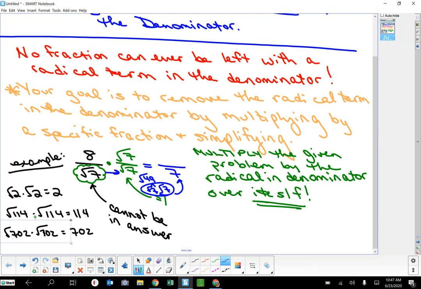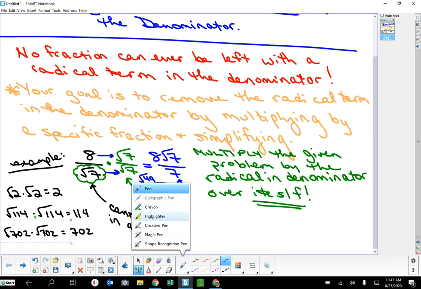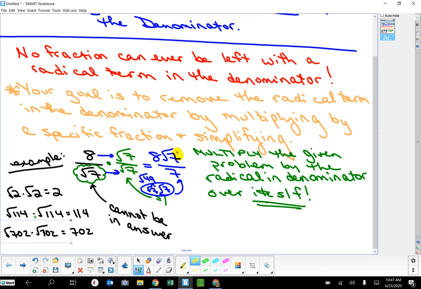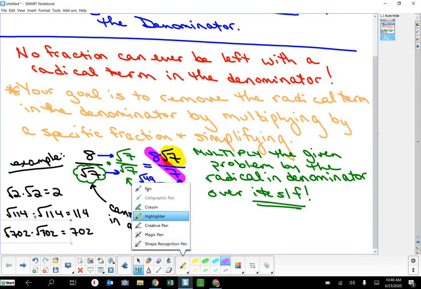Okay. And then you're just going to multiply out the top. And depending on what's on the top, these can go from very simple, like this one. So you multiply these and you get 8 rad 7. That radical 7 in the numerator is not simplifiable, right? You can't do anything with that. It's prime. So the only thing left is to check and make sure that these numbers don't reduce.